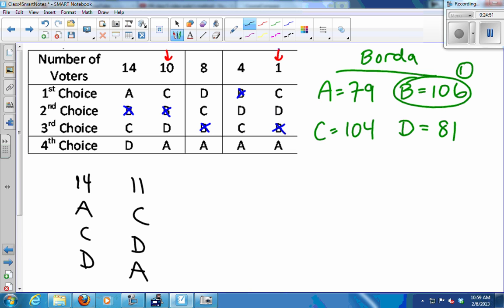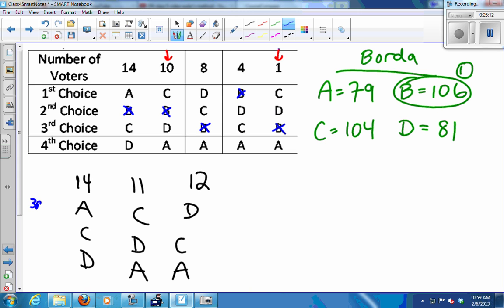And these 2 columns, the 8 and the 4, are both D, C, A now that B is gone, so I'm going to combine them into one column that has 12 people. This should make my calculations a little shorter too.